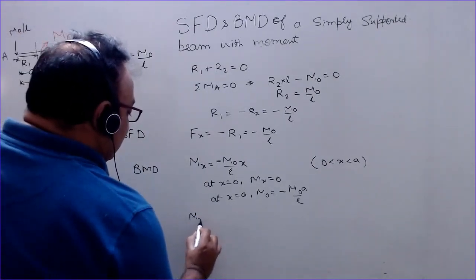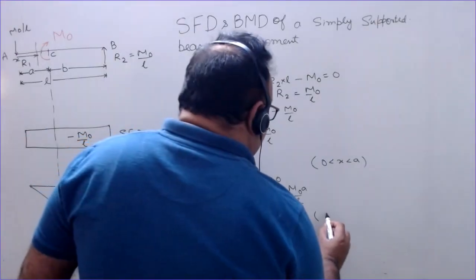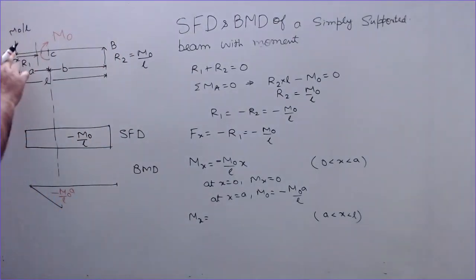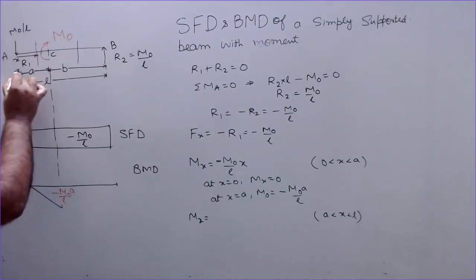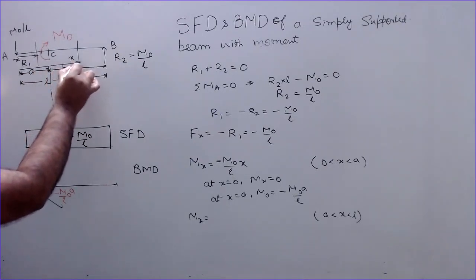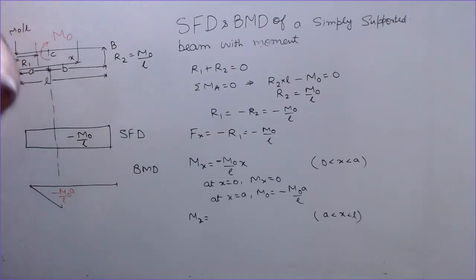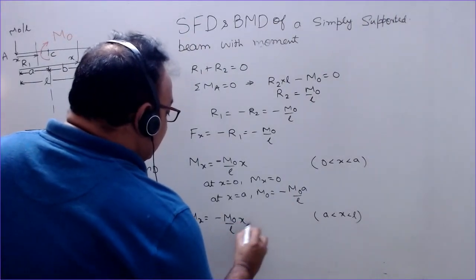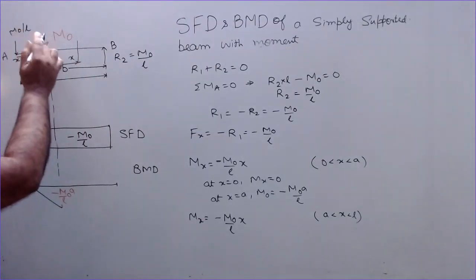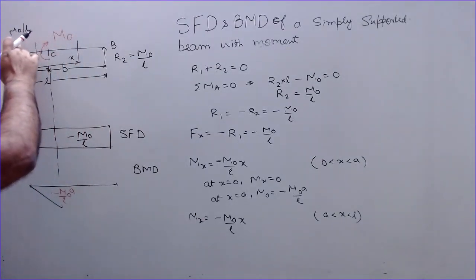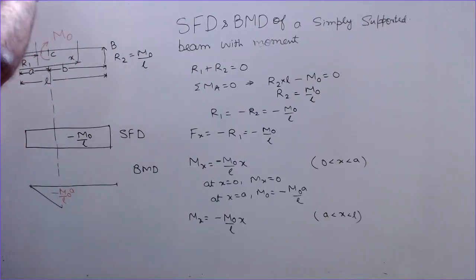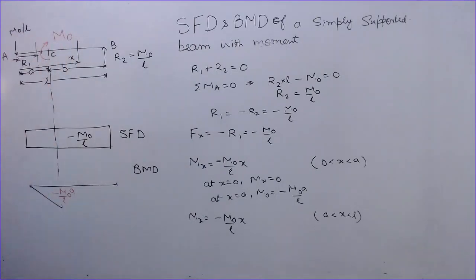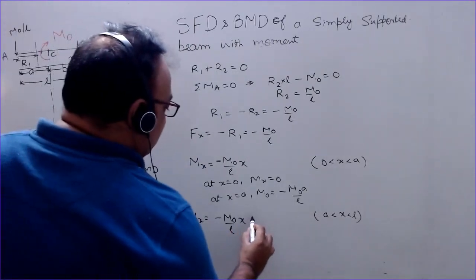Now Mx equal to, and this is for x between a to L. Bending moment, now this section is here, distance x from this end, so moment of this about this, so minus M naught by L into x, and on this side we have another moment acting in opposite direction to this, about this having moment in this direction anti-clockwise, where this is having clockwise moment, so this will be taken as opposite sign, so plus M naught.